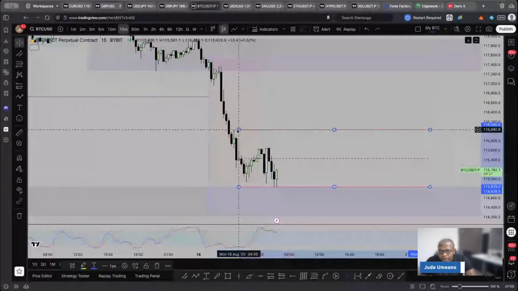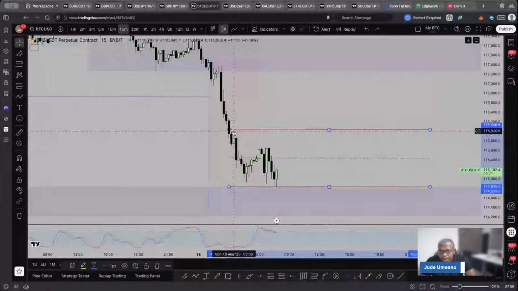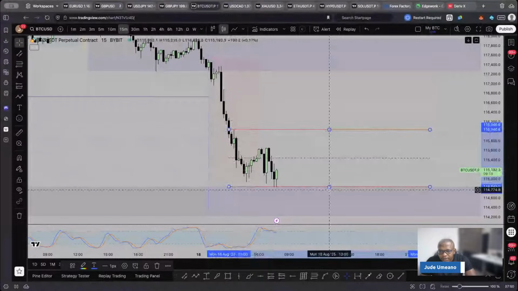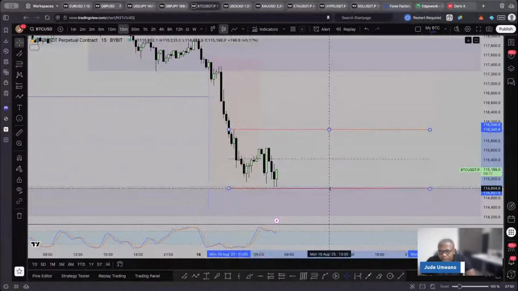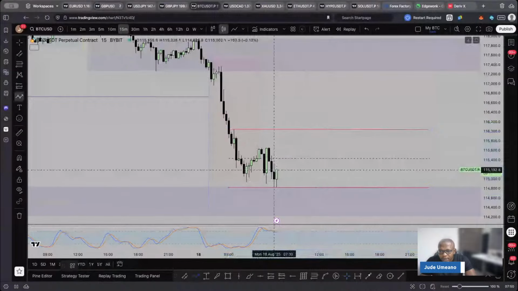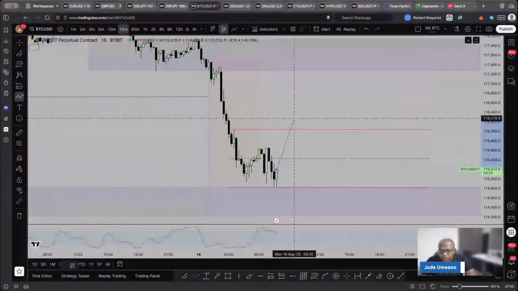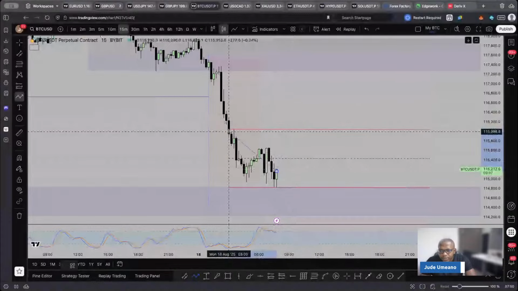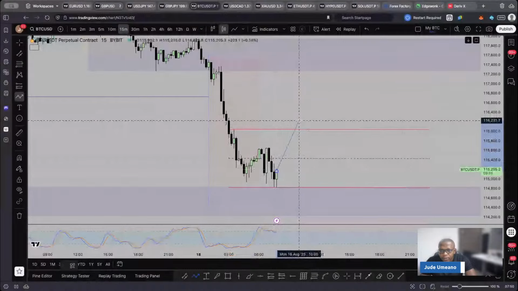You see this zone up here? This is the supply that led to this movement downwards. We haven't had any breakdown, it's just a liquidity sweep.